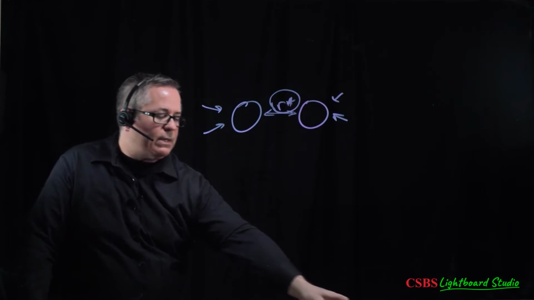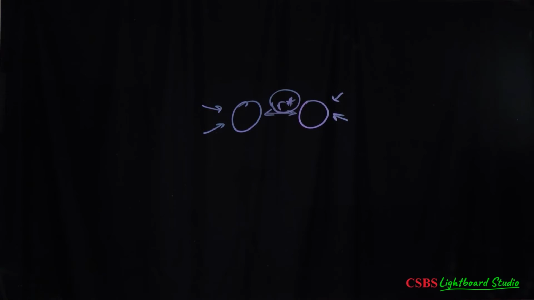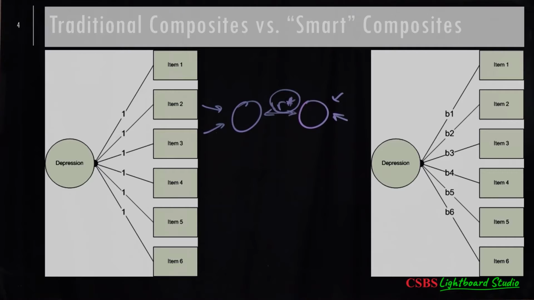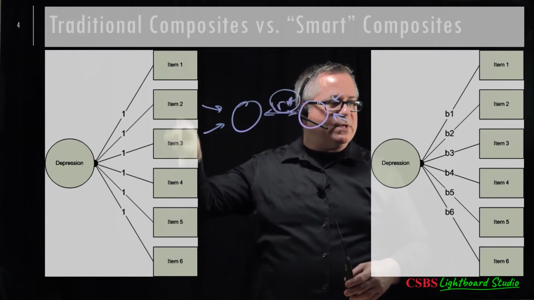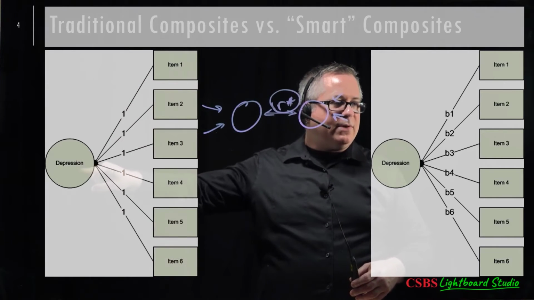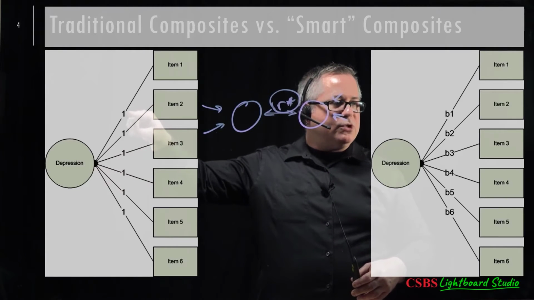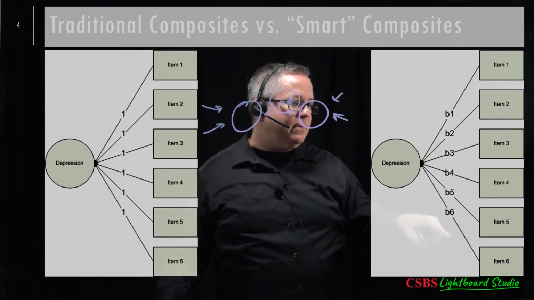So it's almost like going back to here. Principal components starts with the idea that 100% of each item relates to this factor, and then it cycles through once to tell you how we adjust these to be something more like these B weights.